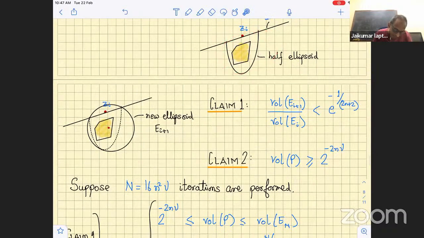In my drawing it almost looks like a circle, but I tried to draw something. This dotted line here was the old ellipsoid, and the new ellipsoid E(i+1) is the ellipsoid which contains this half ellipsoid. Since it contains this half ellipsoid, it also contains the polytope. And this new ellipsoid has a center, and that point is called Z(i+1).